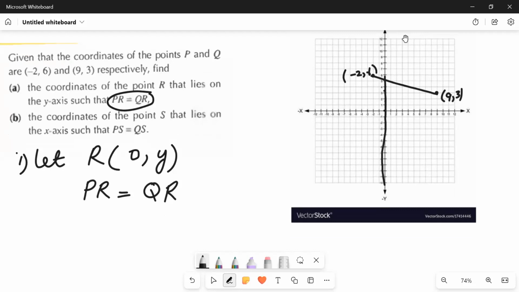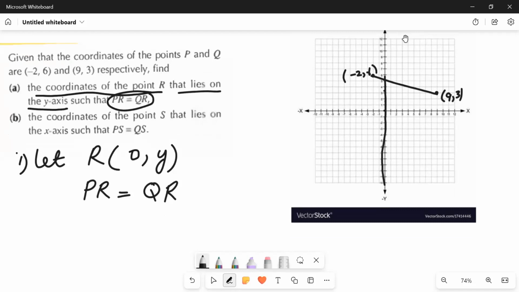Miss, where did the 0 come from when you wrote R as (0, y)? I mentioned here, we are taking the R point because it's given that the coordinate of R lies on the y-axis.